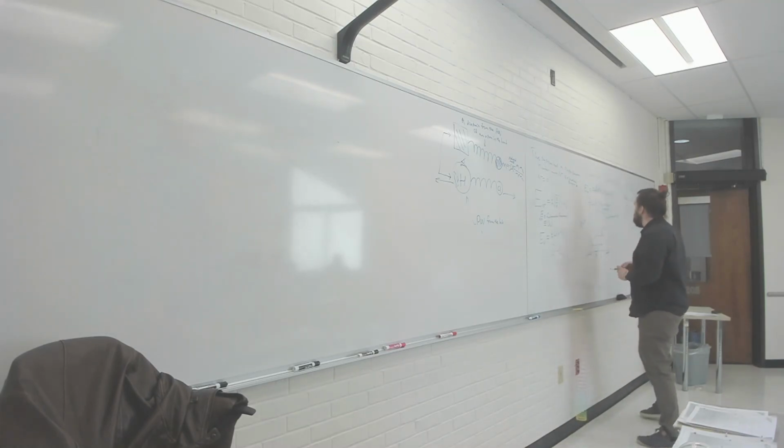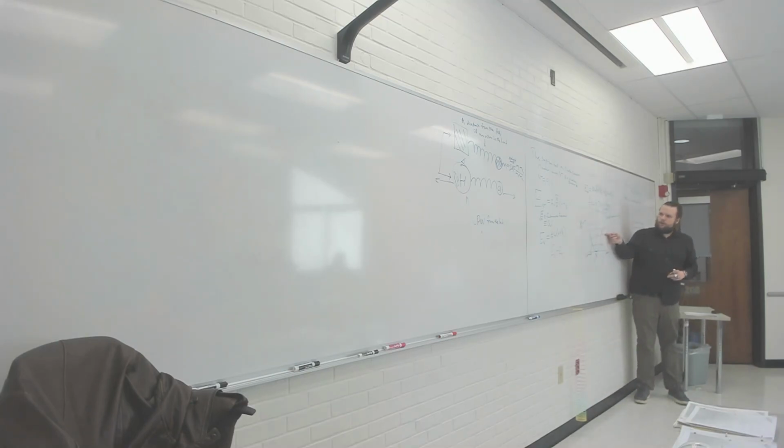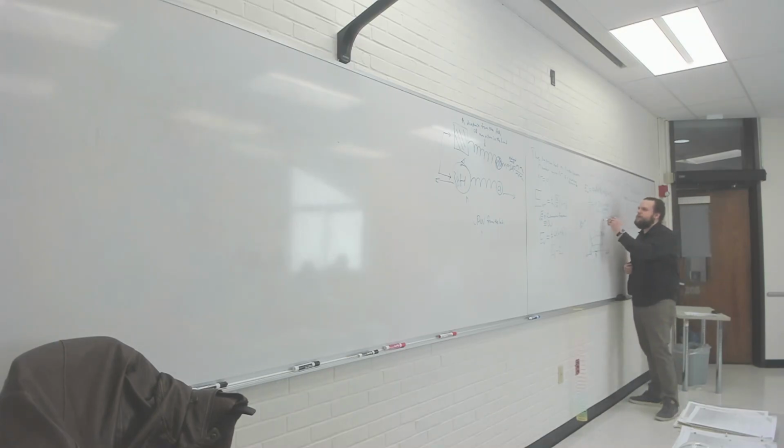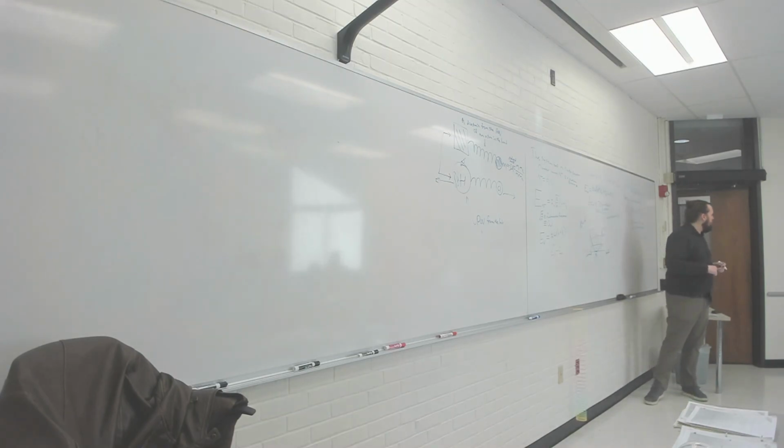What's the difference between 3/2 h bar omega and 5/2 h bar omega? 1 h bar omega. Sorry, I have to take that back, this is 7/2. That's why the math didn't work. So they're all split by h bar omega.